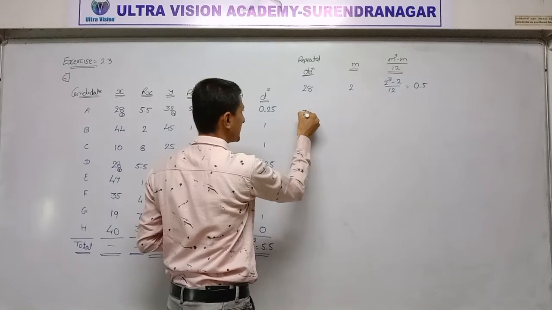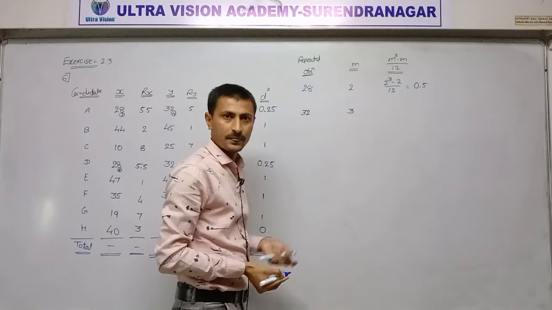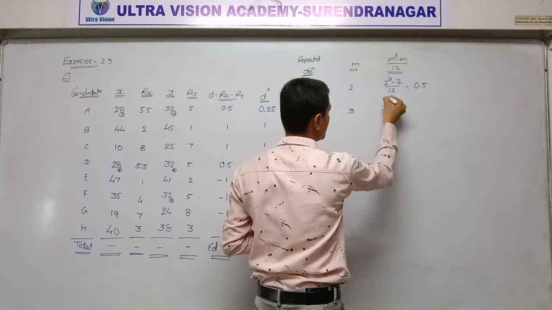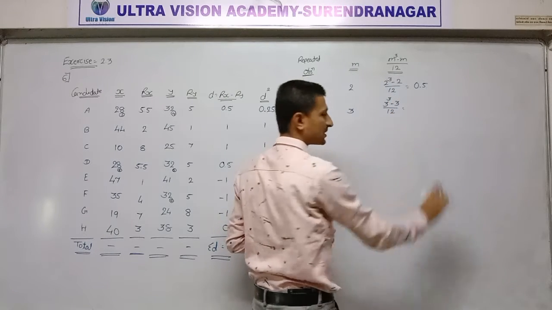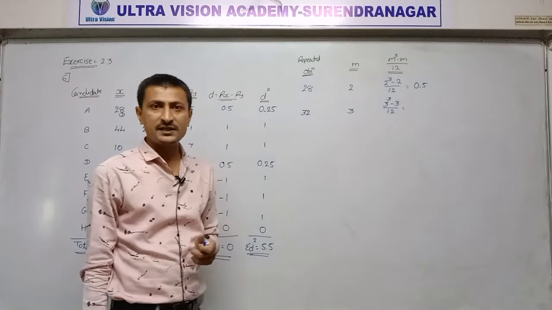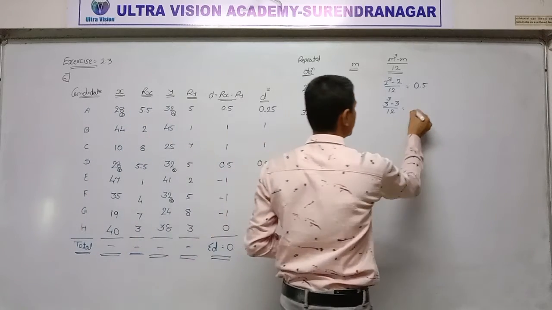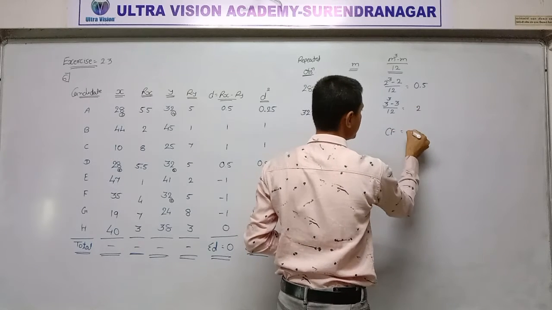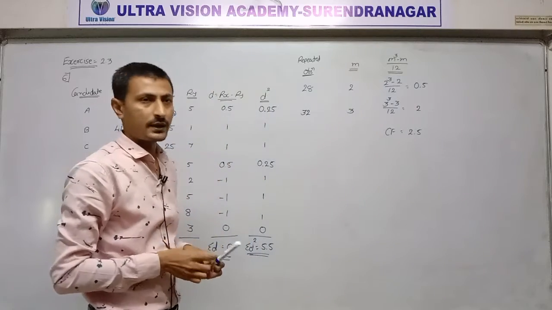Putting the value in the formula: 3 cube minus 3 by 12, 3 cube is 27 minus 3 is 24, divided by 12, the answer is 2. So the CF correction factor total is 2.5.